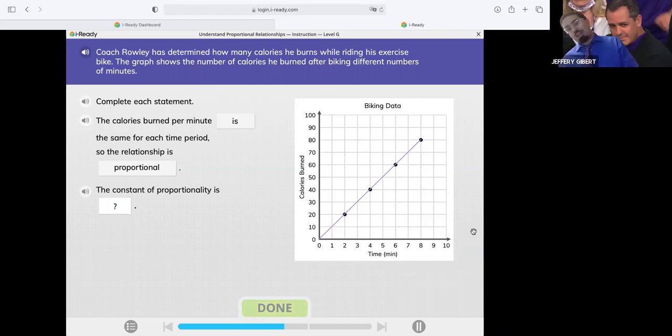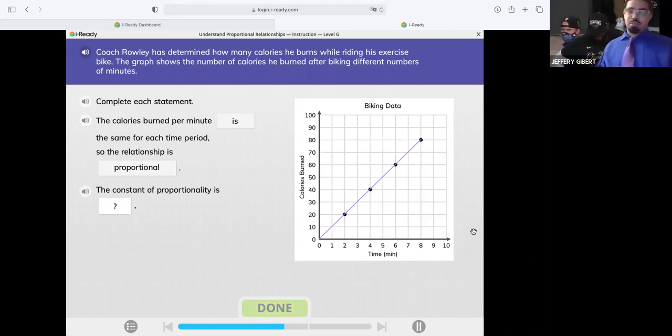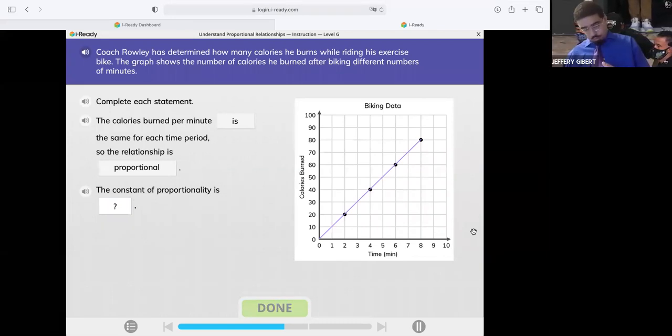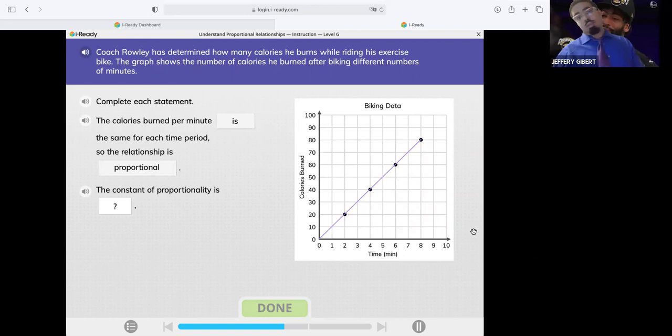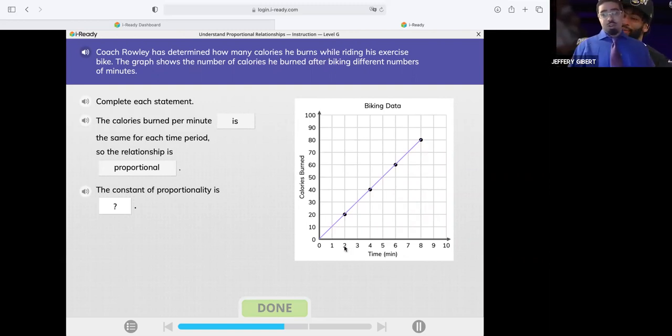Remember, it's the y divided by the x. You get 0.1 if you do 2 divided by 20. But we don't want to do x divided by y. We want to do y divided by x.